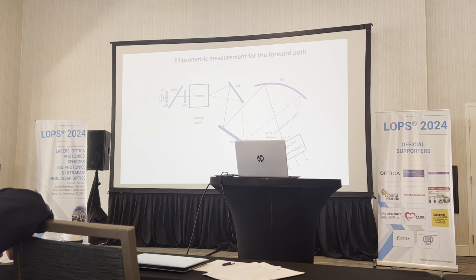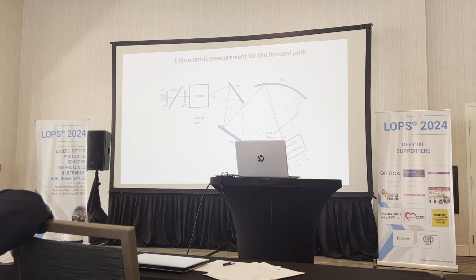In this case, I used four scanning angles. This is a solid angle here, of course, 4 positions on that mirror, for instance. And you're measuring with the polarimeter here. That means that you can calculate the Mueller matrix for the whole forward path for that particular ray.